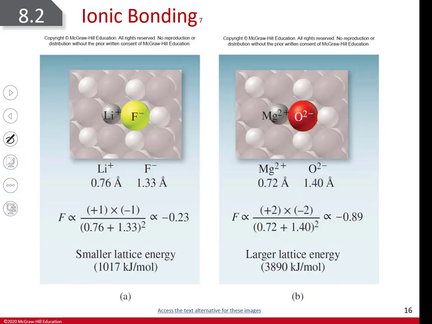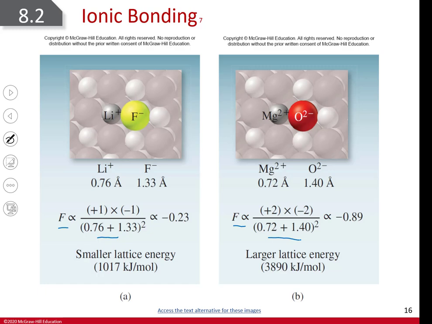I'll skip ahead 2 slides to show you that. Here's lithium fluoride versus magnesium oxide, comparing Coulomb's law for both of them. Lithium fluoride and magnesium oxide are going to have pretty similar bond lengths, so the distance in the bottom is pretty close to the same thing. So the main thing we're comparing here is the charges.